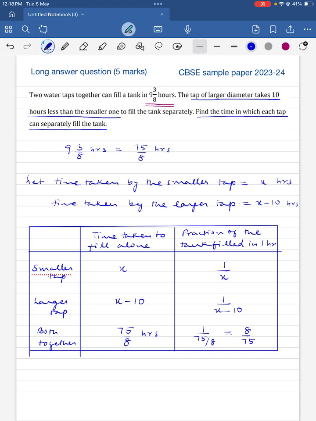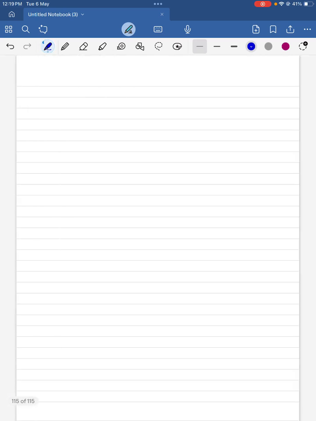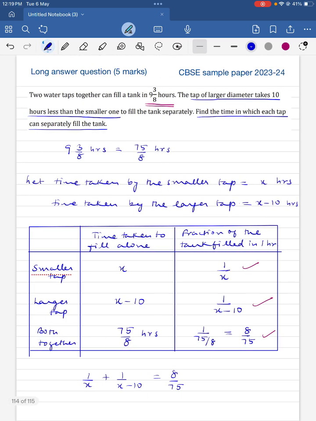Now we just have to form our quadratic equation. So we know that the sum of this plus this should give us this, right? So that is 1/x plus 1/(x minus 10) is equal to 8/75. Okay, so now let's make the denominator the same. So I'll need to multiply this term with x minus 10 in the numerator and denominator and this term with x.